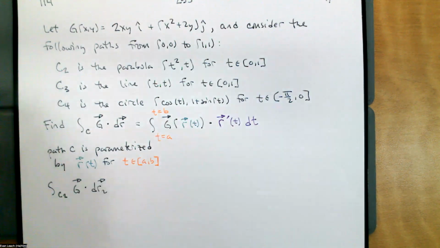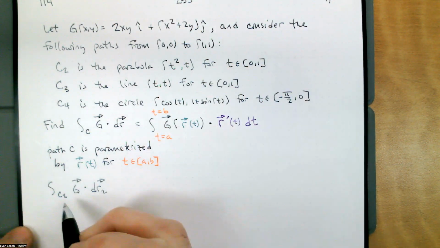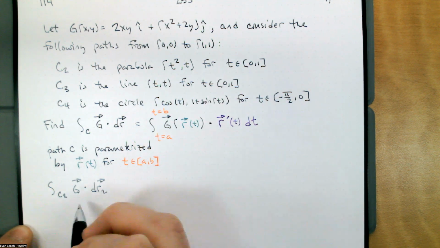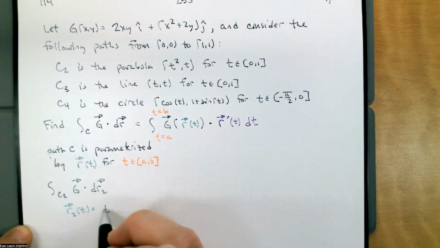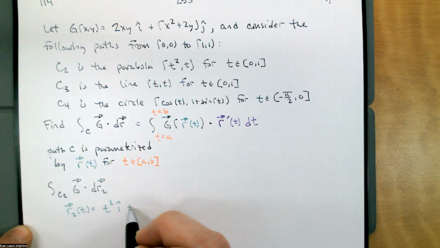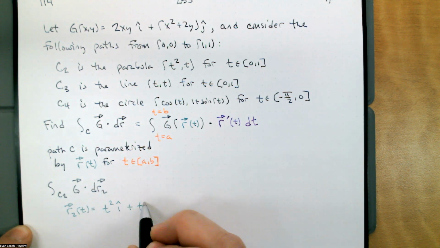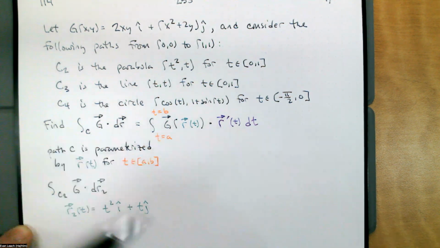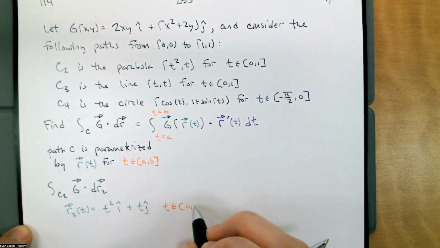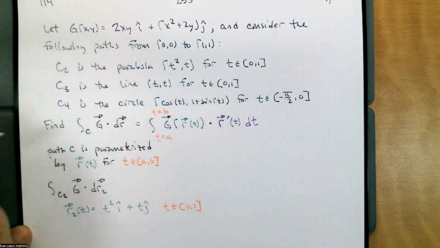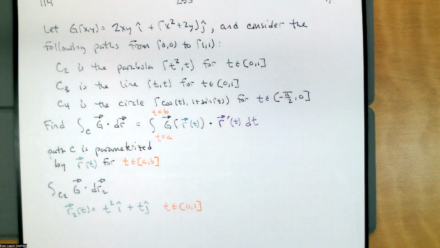So C2 is parameterized by the path t squared and t. So C2 is, we'll call it R2 of t, is t squared in the x i plane plus t for the y j, and this is for the values of t between 0 and 1. So our x is t squared and y is t.